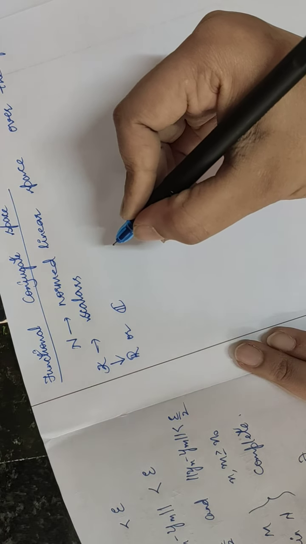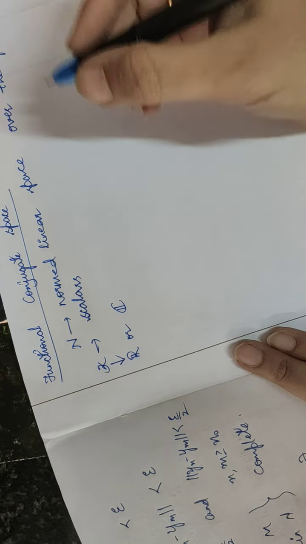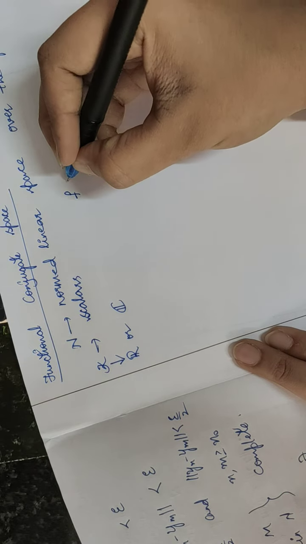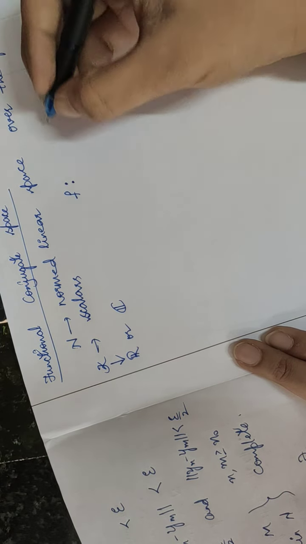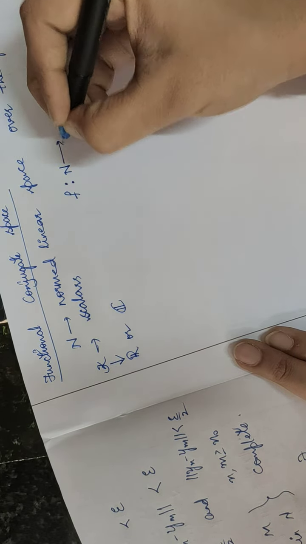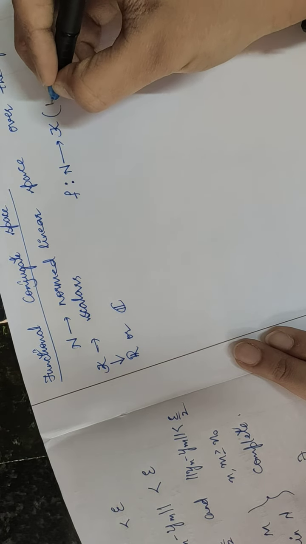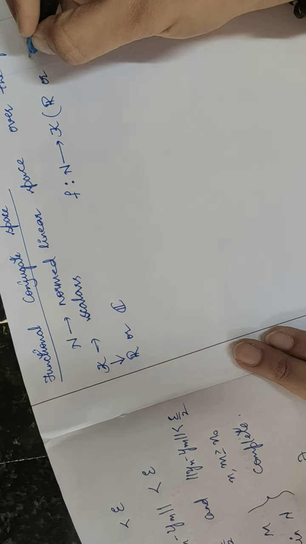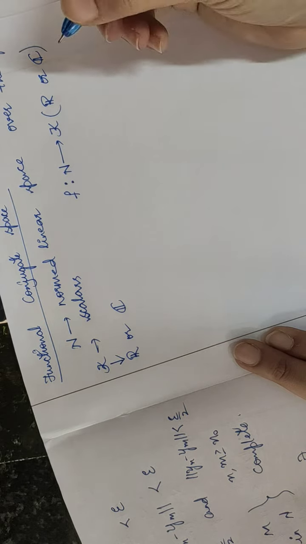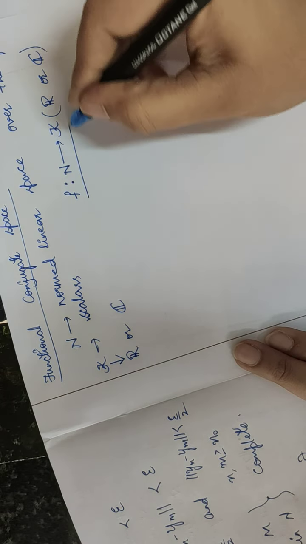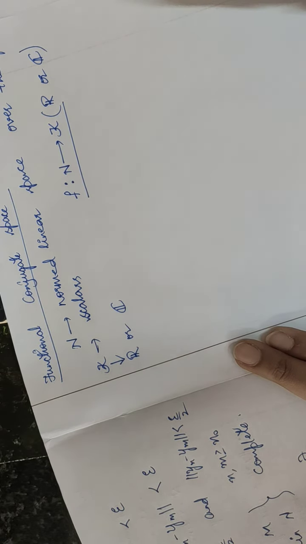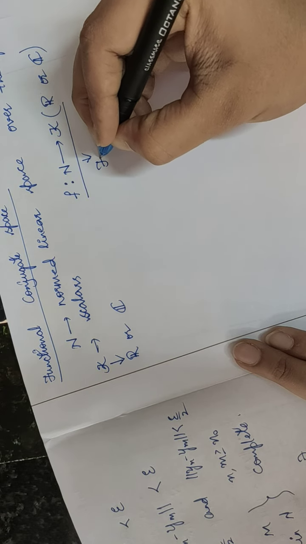So any continuous linear map, I will denote that map as F, from N to K, that is either R or C. Any continuous linear map F from N to K we call a functional.